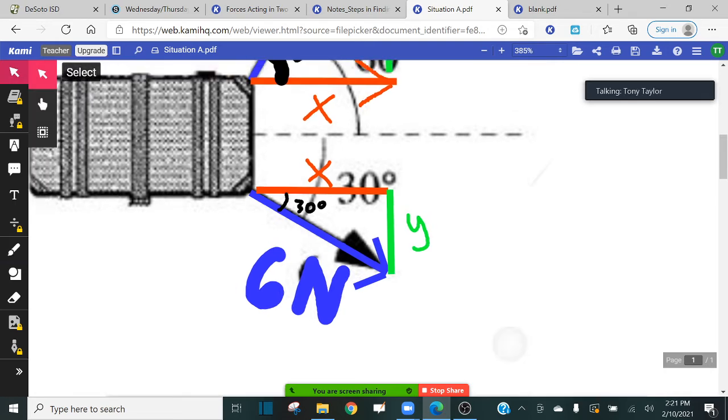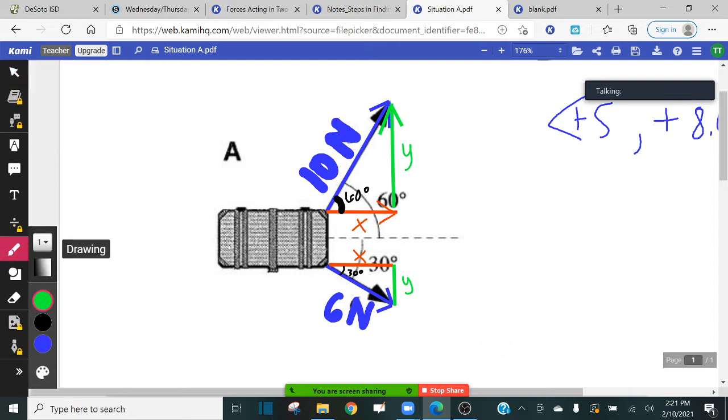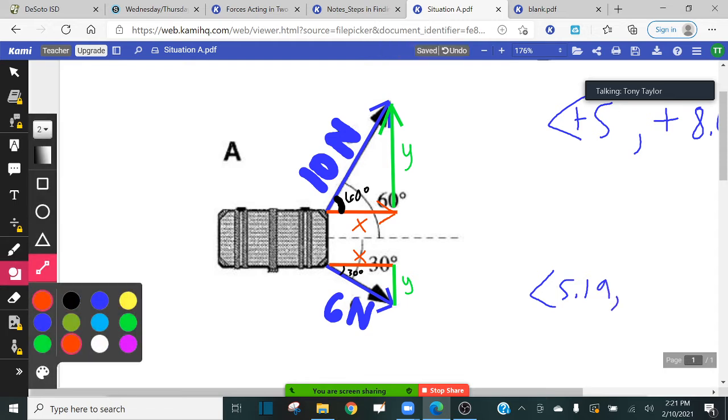And again, guys, we're still in step 1. This vector right here has an x component of 5.19. Now, guys, let me ask you a question. Remember, your direction matters. Look at that arrow. Where's that arrow pointed in the x direction?